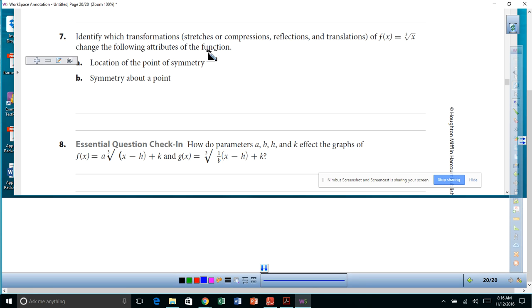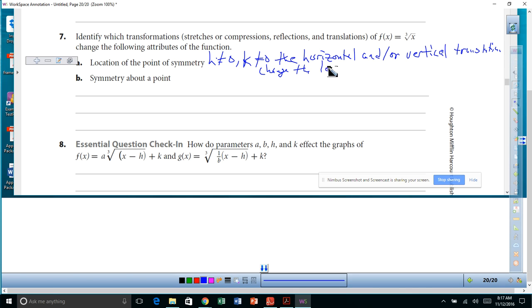Well, let's see. If H is not equal to 0 and K is not equal to 0, the horizontal and or vertical translations change the location of the point of symmetry.